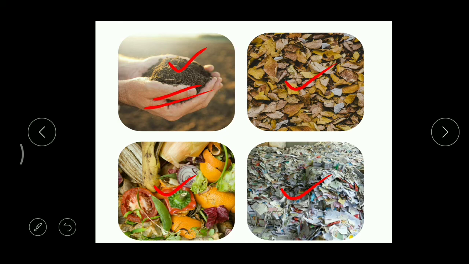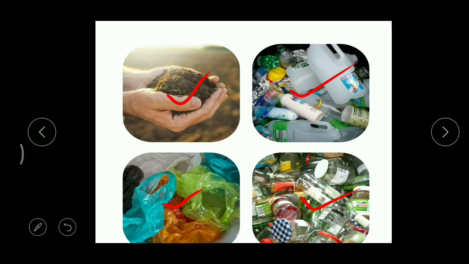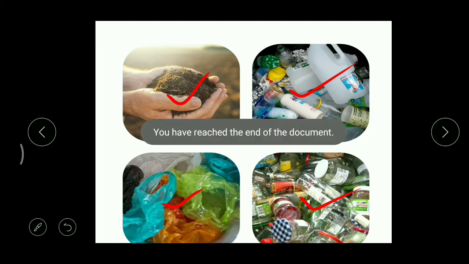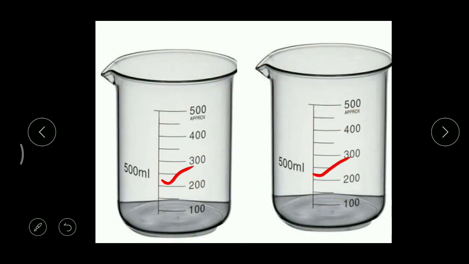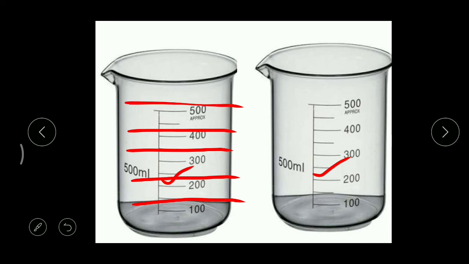And in the second one, we add soil, then plastic, polythene covers, and even some glass pieces. And then later, in the first one: loose soil, the next plant leaves, the next vegetable and kitchen waste, the next paper, and then again soil.